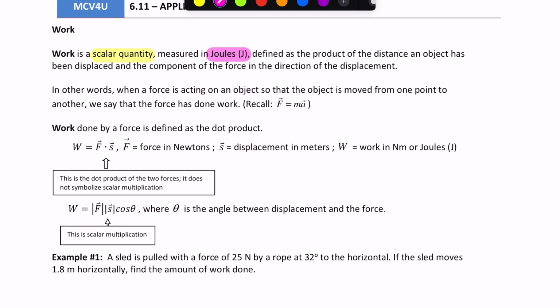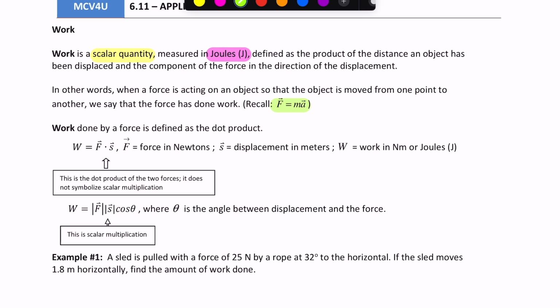And recall the formula: force is equal to mass times acceleration. Work done by a force is defined as the dot product. So work is equal to the force dot the displacement.